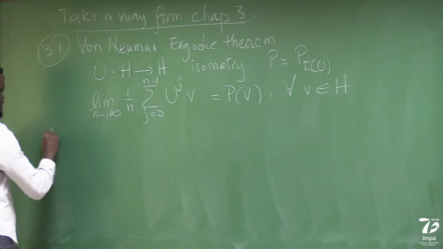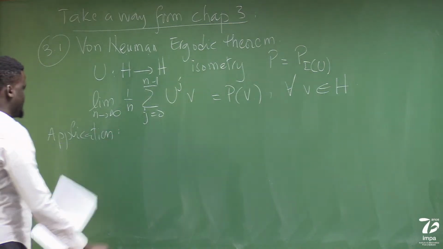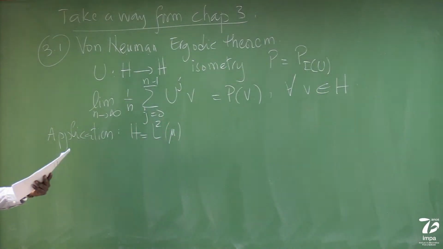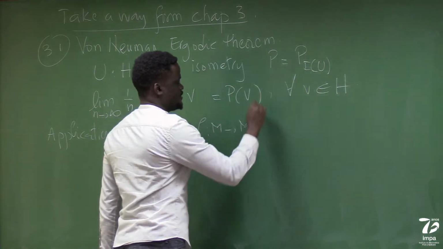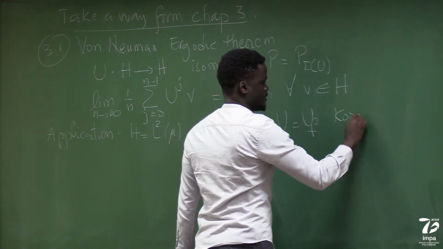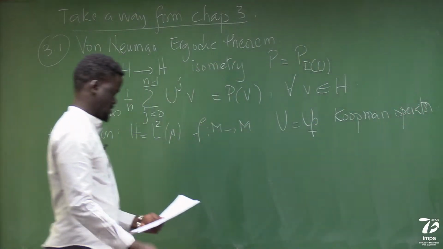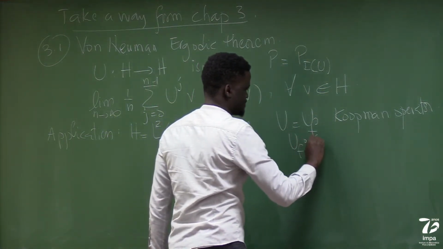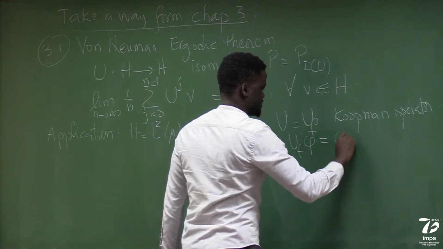The main application of this theorem, which you should remember from this chapter, is for H equal to L2 of mu, when you have a measure and a dynamical system, and U is the Koopman operator. U of phi equals phi composed with f.